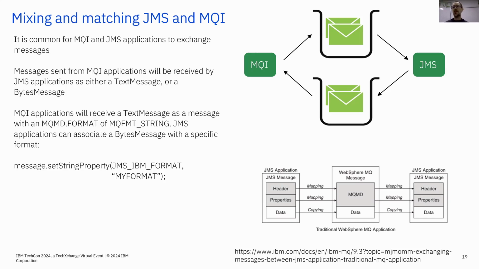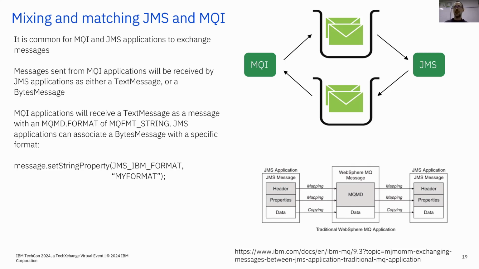You just need to bear in mind a few details, and the nitty-gritty details are in that link down the bottom side of this slide. So as I've already mentioned, the point where MQI and JMS messages meet is either by text messages, which are those which have an MQMD format of MQSTR, or everything else is dealt with via JMS as a binary message.